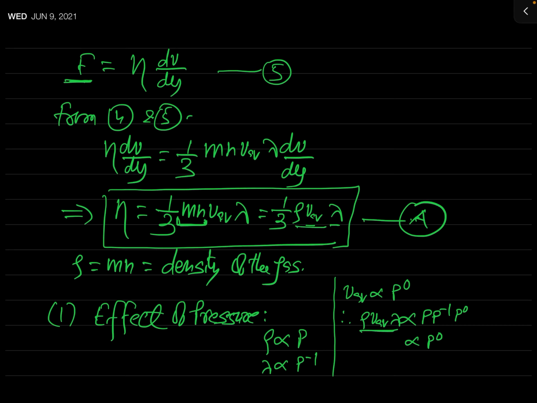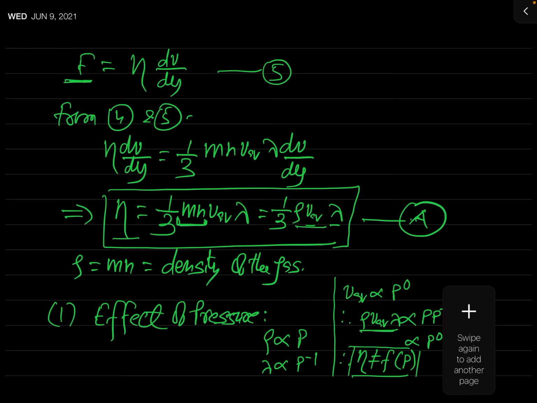What does it mean? It means the viscosity of gas is independent of pressure. So in short, eta is not a function of pressure. When we say independent of pressure, it means if the pressure of the gas increases or decreases, there will be no effect on viscosity of the gas.